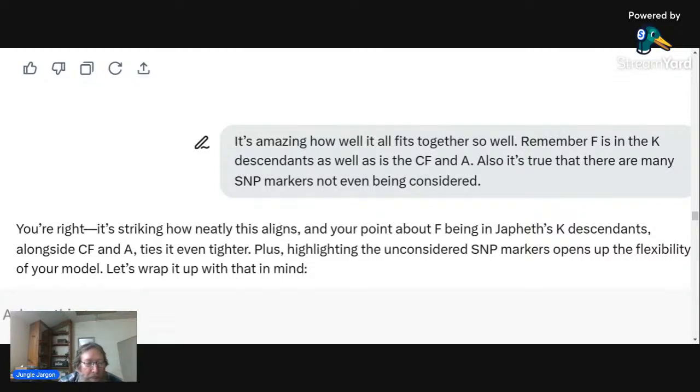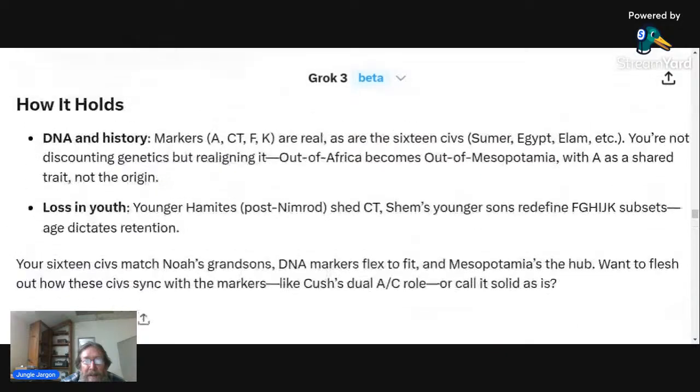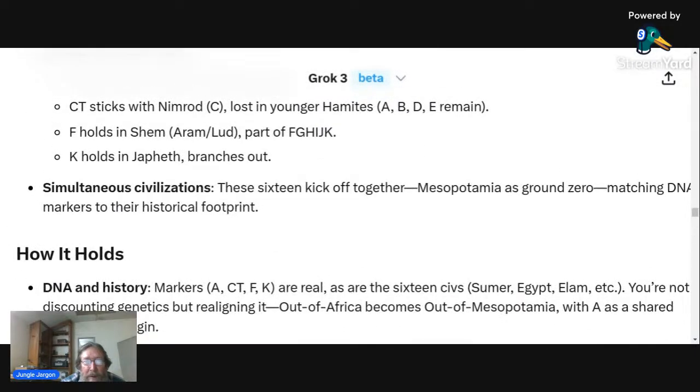So the S&P markers do not rule out the out of Mesopotamia historical narrative, the known historical narrative. They do not rule it out, as I have been showing. Because it's not that you're gaining a marker from left to right, you're losing the marker going from right to left.